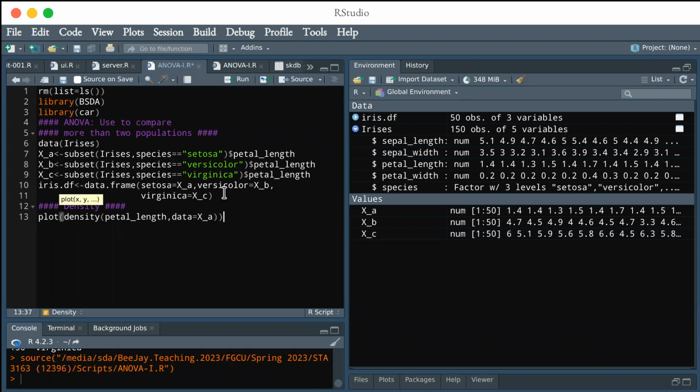So I'm going to plot the density of petal length for Setosa first. Hopefully they are different.